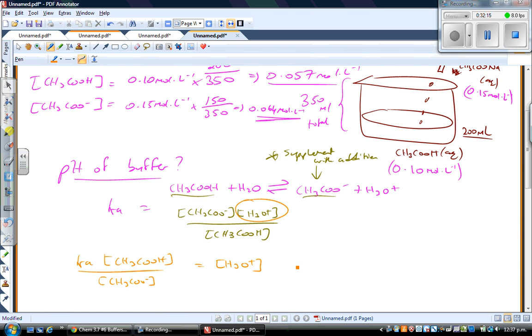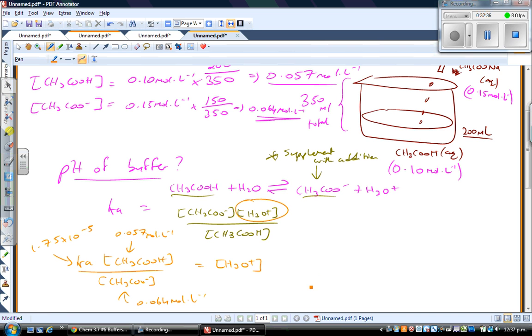So the numbers we want here: 0.064 moles per liter for the ethanoate, 0.057 moles per liter for the acid, and the Ka value is, in the original question, 1.75 by 10 to the minus 5.